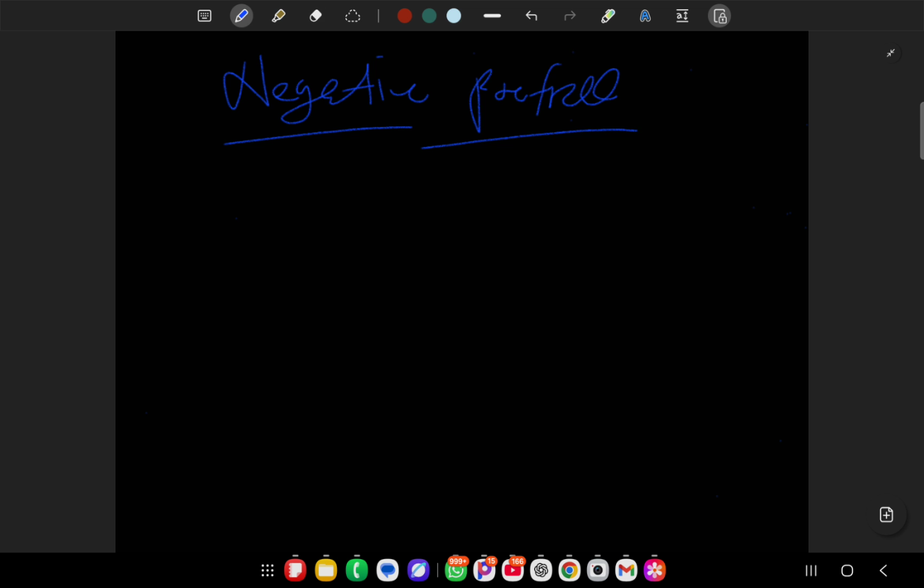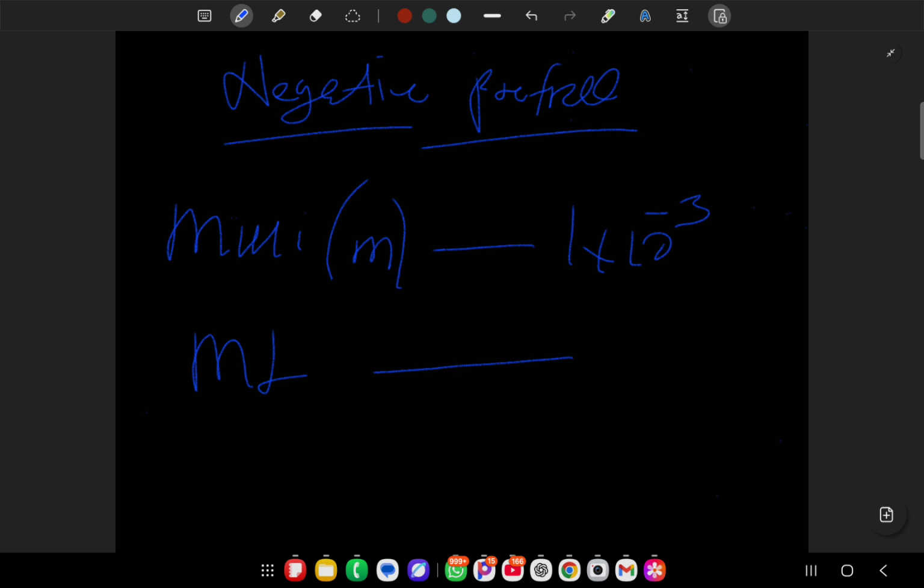The next one is milli, written like this. The symbol is small letter m. The meaning of milli as a prefix is 1 times 10 to the power of -3. If I have a milliliter, how many liters are in 1 milliliter? I can find this because I know the meaning of milli.